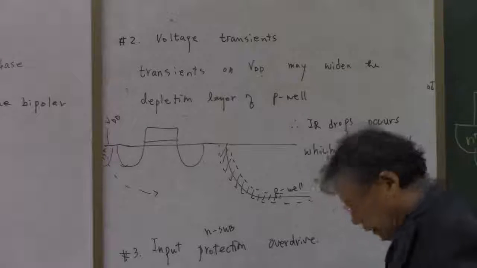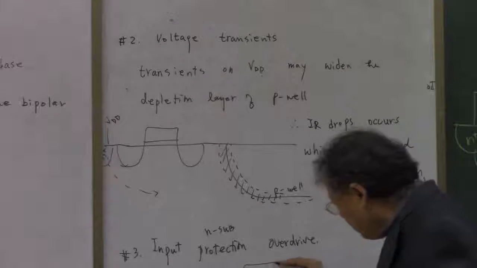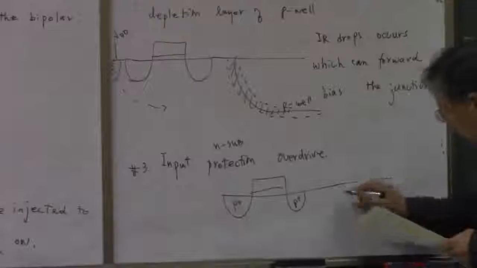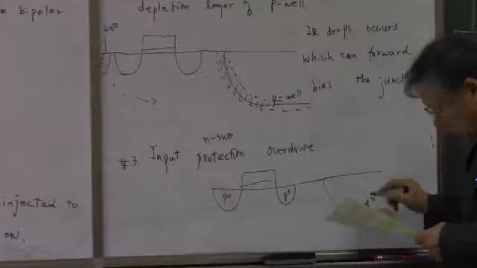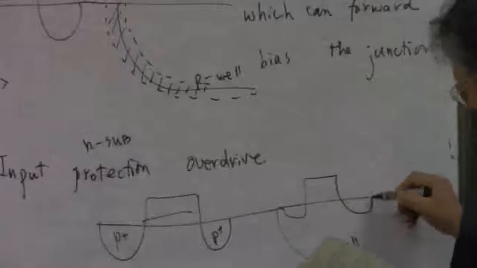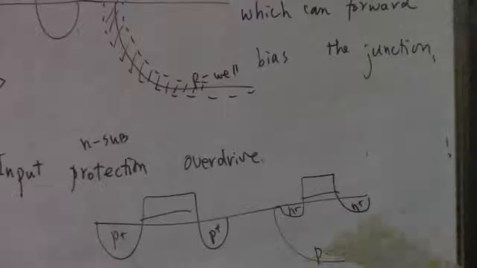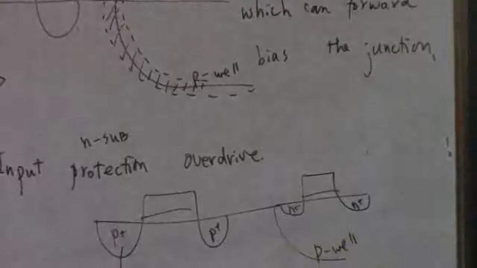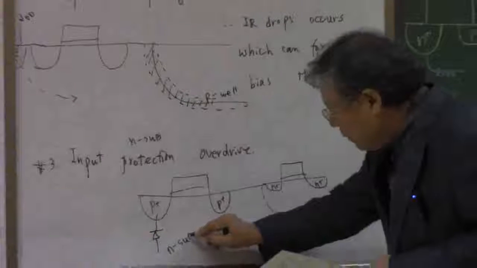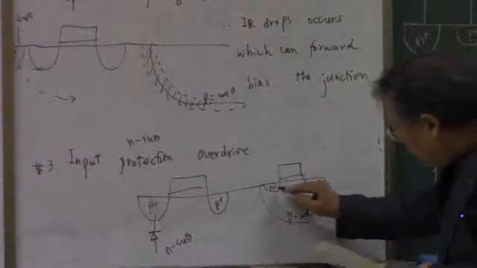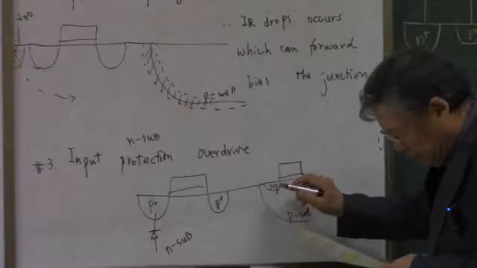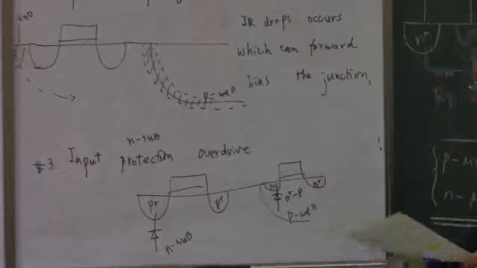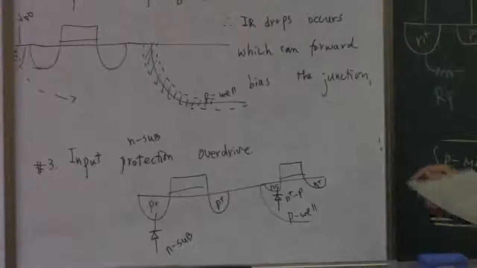And this means if you have P plus and P plus in this drawing, and then we have the P well, and we have N plus and N plus, and as you can see, we have a P plus and N sub diode here, and then we have an N plus P diode. We have two diodes here, right?